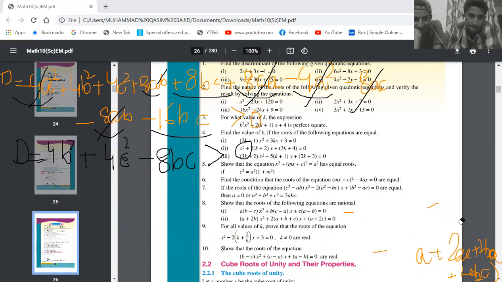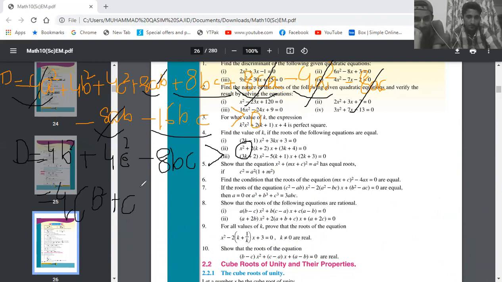So first we have to make some commons. Take 4 as common. So this must be b square plus c square minus 2bc is greater than 0.